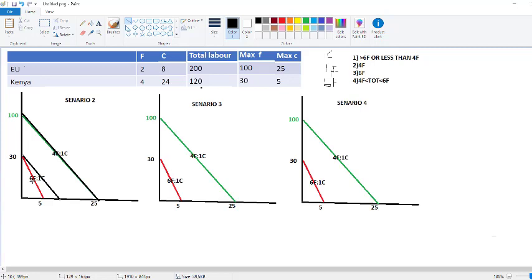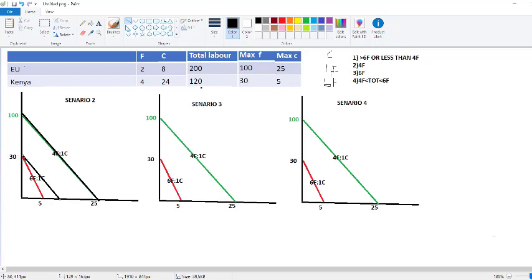And because food is more expensive, all production is going to shift towards food. There's more profitability in that. And because they're going to shift all their production towards food, they're going to produce how much? 30. This is how much they can produce under their labor constraints. The maximum food they can produce is 30, which we established in the previous class.